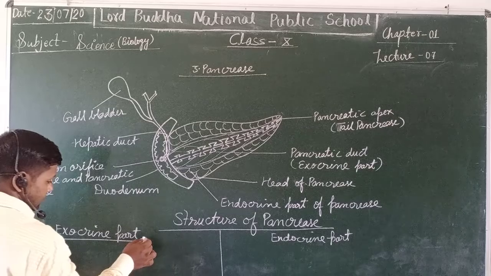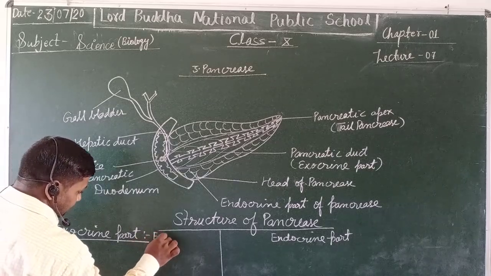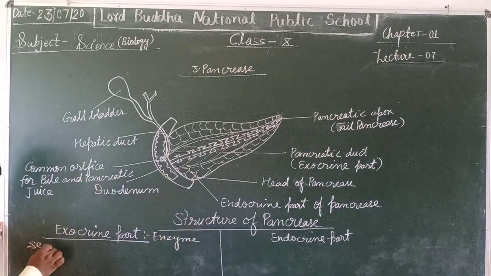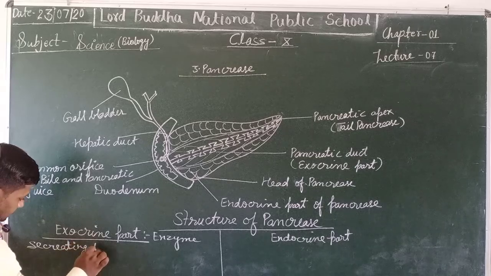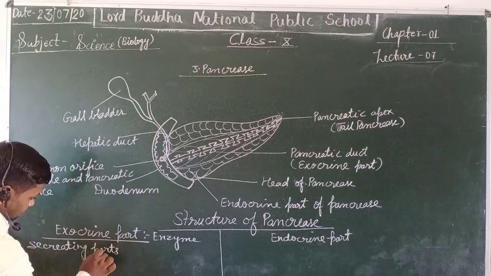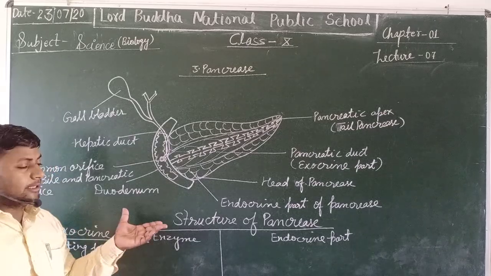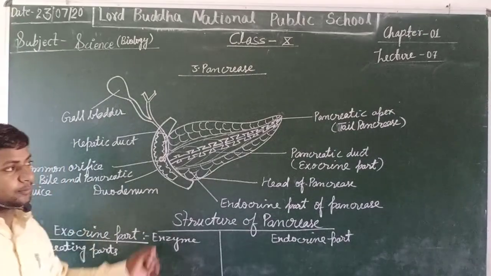The exocrine parts are enzyme secreting parts through which the digestive enzymes are secreted.